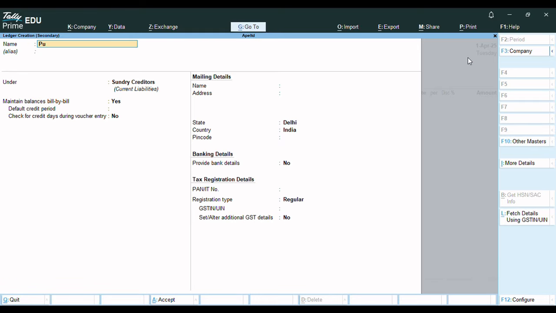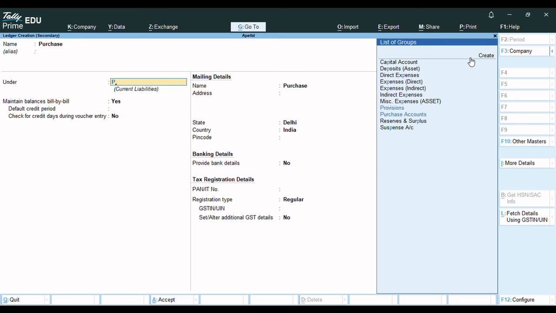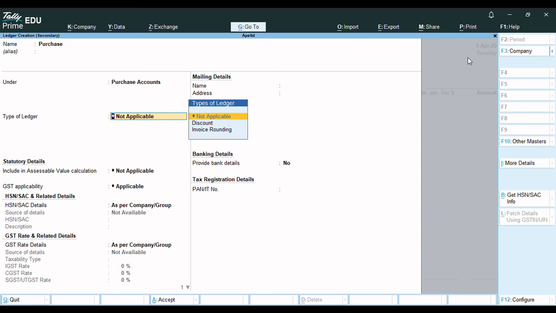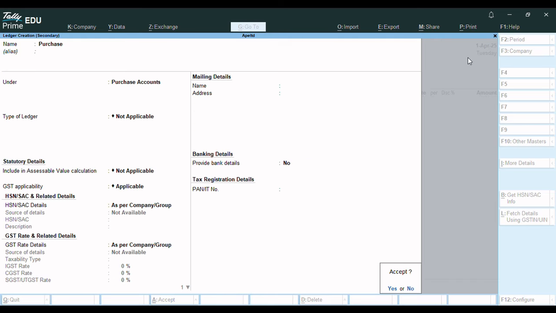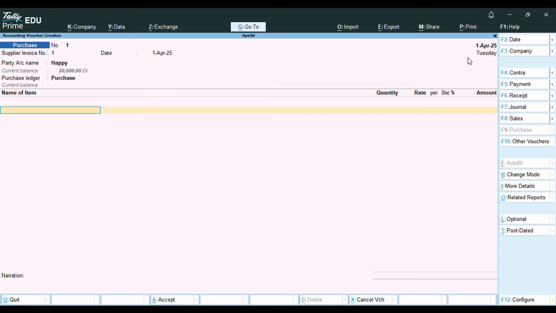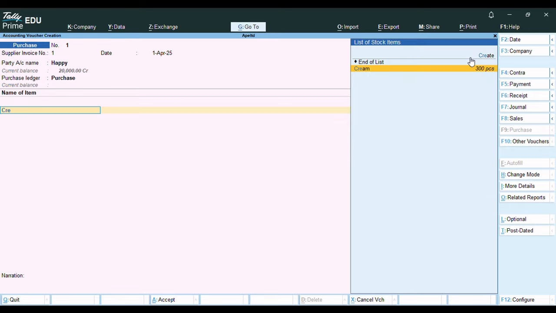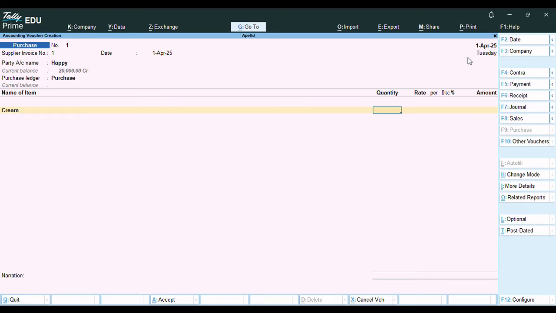This is purchase, so I am just opening a purchase ledger under purchase. बच्चे, आप लोगों ने देखा भी होगा कि जब भी हमारे ट्रेडिशनल मेथड से स्टॉक एंट्री होती थी या सेल, परचेज, वी नीड टू मेंटेन अ हार्ड कॉपी रजिस्टर्स A4 साइज के. सो दिस इज योर परचेज, हम इसको एज इट इज सेव कर लेंगे. हैप्पी से खरीदा हमने क्रीम, कितनी थी? 10 pieces at the rate of 110 and the amount is 1100.